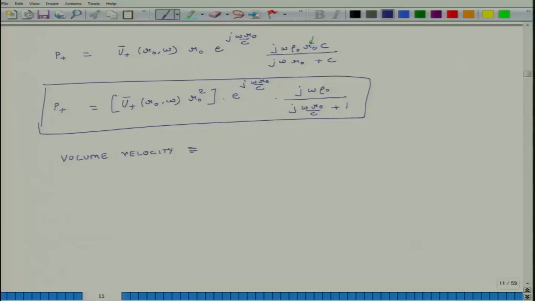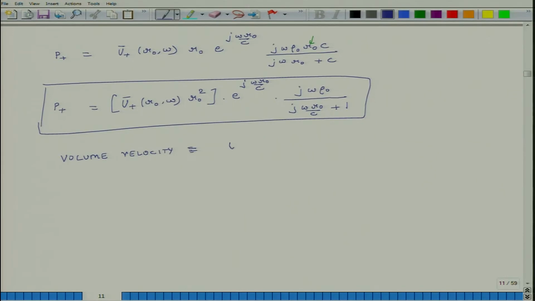So, if the ball is uniformly expanding or contracting, then if I multiply the velocity of the point on the surface of the ball times the surface area of the ball, that is the amount of air it will displace at a given point of time. So, this is equal to u plus bar at r naught times 4 pi r square.